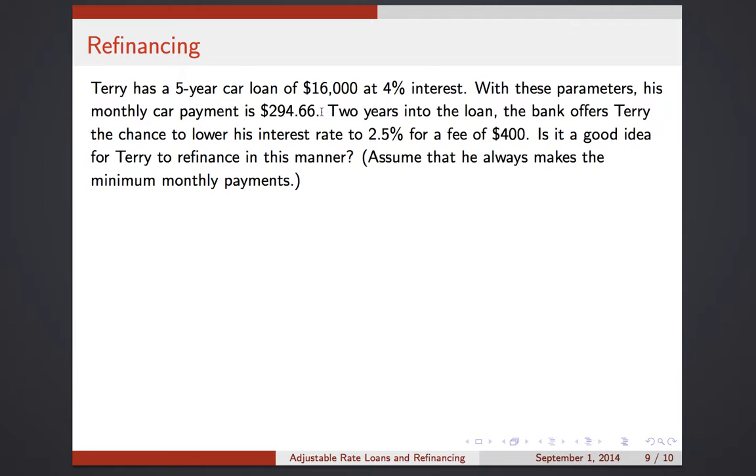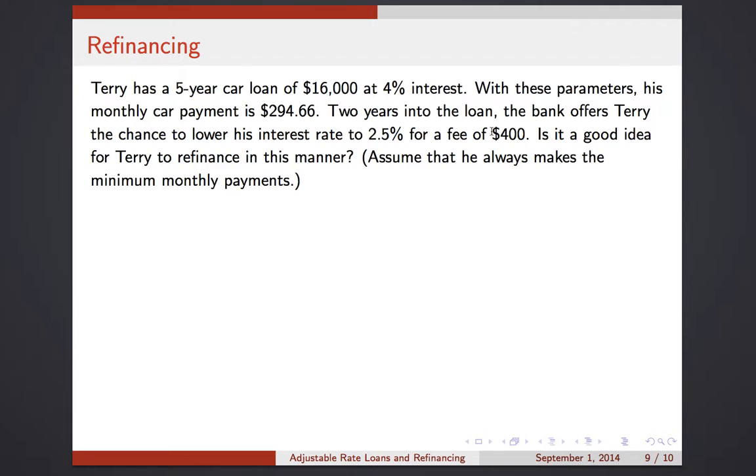And by the way, this is usually what happens. If you want to refinance, which means lowering your interest rate, although it doesn't have to mean lowering your interest rate, but why would you want to raise your interest rate on a loan, right? So we're talking about lowering your interest rate. They will generally charge you what they might call closing costs or a refinancing fee, whatever.